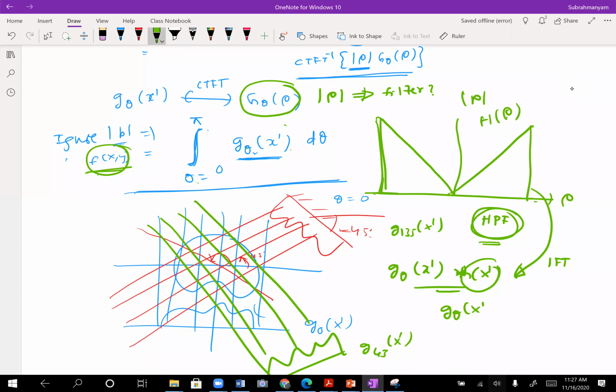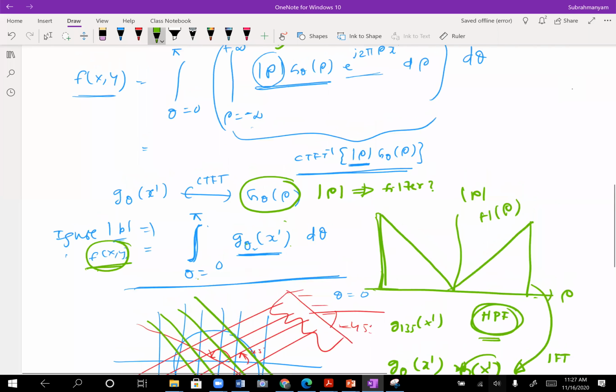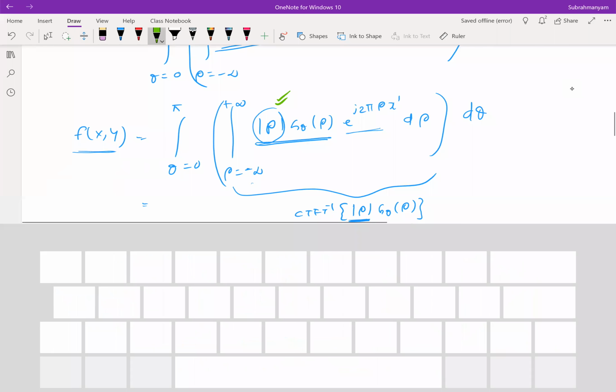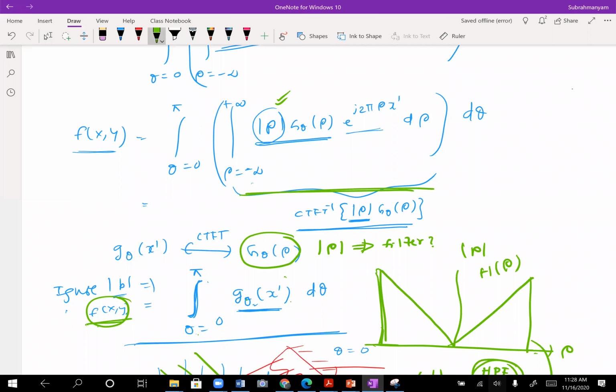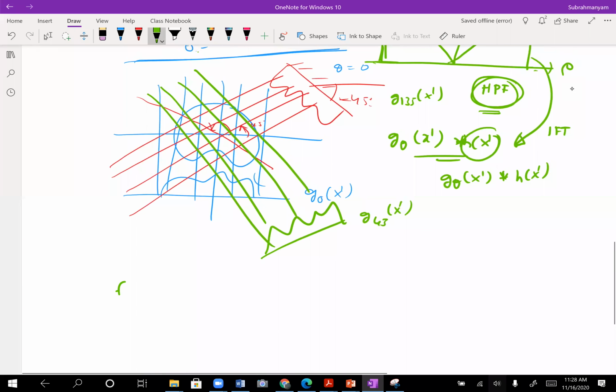So if I am going to convolve, this function is equivalent to f of x comma y equal to the integral, theta varying from 0 to pi, of h of x dash convolved with g theta of x dash d theta.